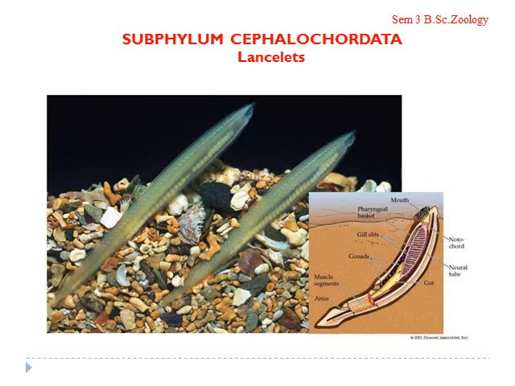This is one example. You can see the body is almost transparent, and the mouth is surrounded by ciliary structures, as we'll be learning in detail later. That also helps in filter feeding. You can see the gill slits, the pharynx, which is very elaborate with large gill slits present.